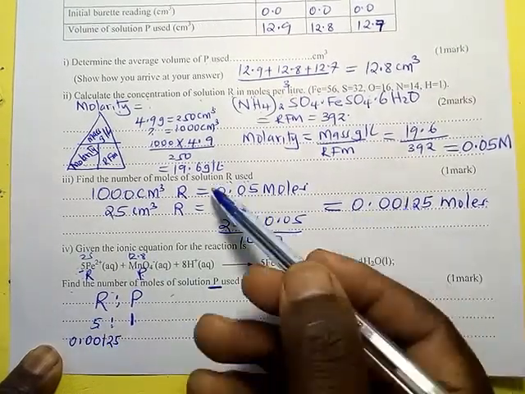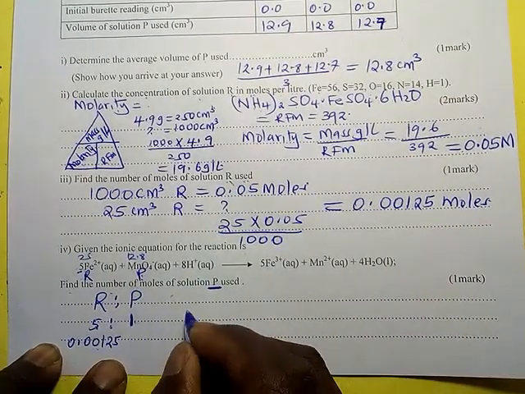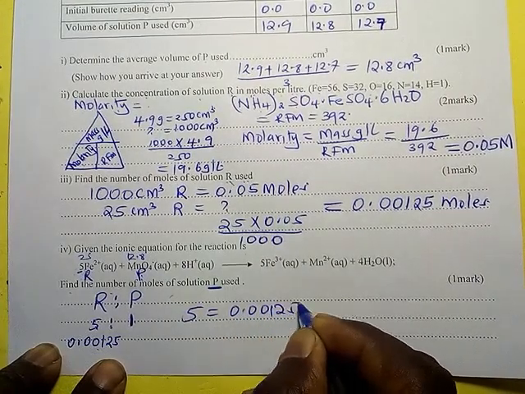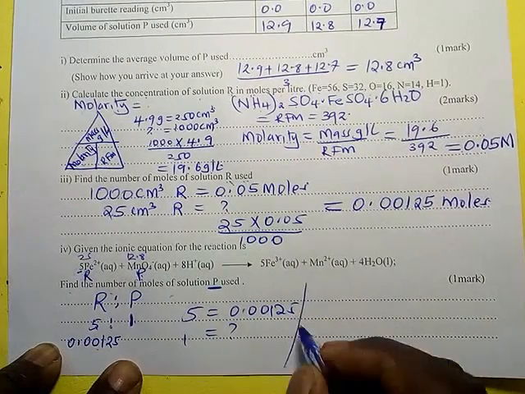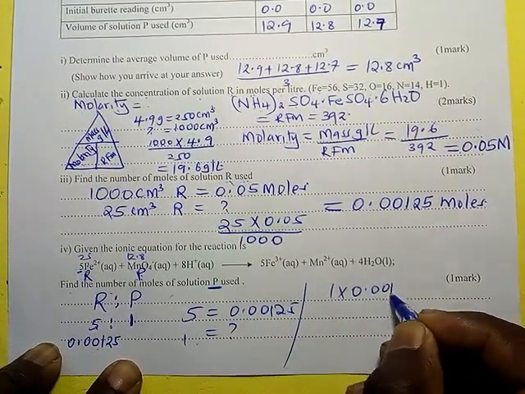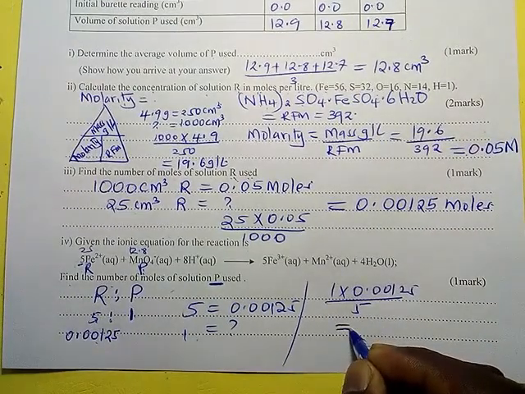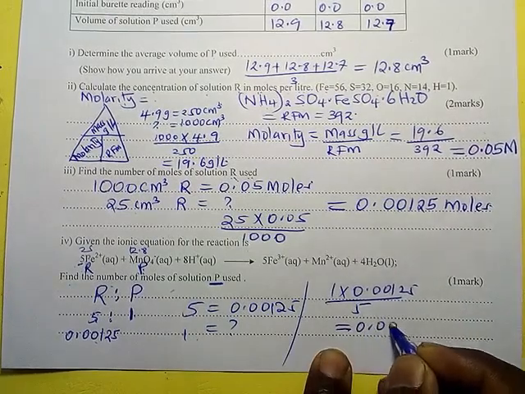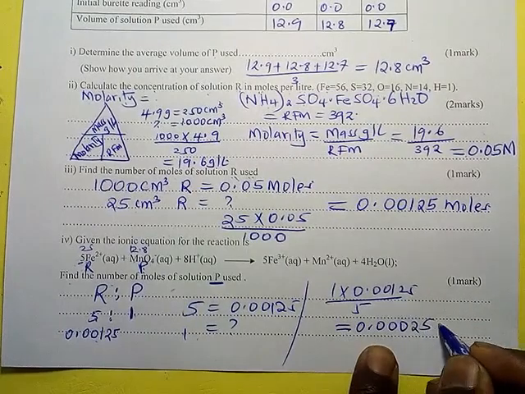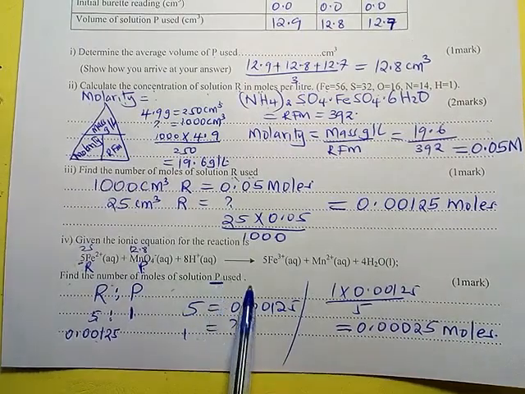So we will ask, if 5 is equal to 0.00125, 1 will contain what? So that is 1 times 0.00125 divided by 5. And this one will give us the number of moles of P, 0.00025 moles.